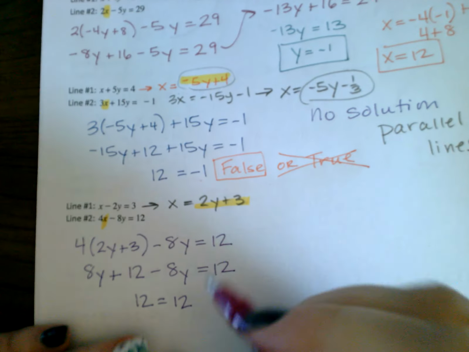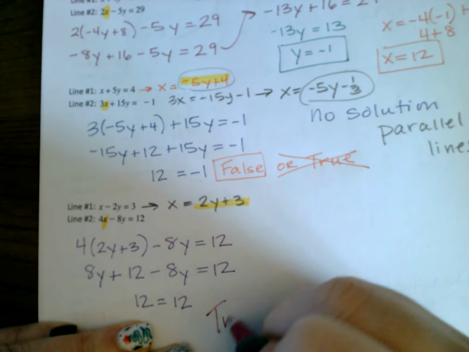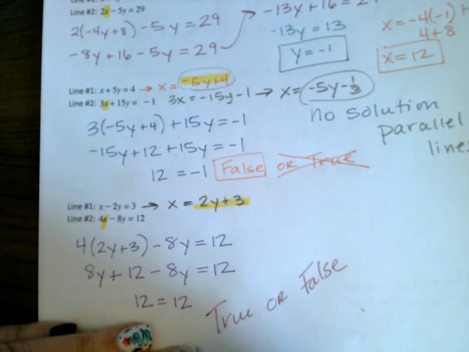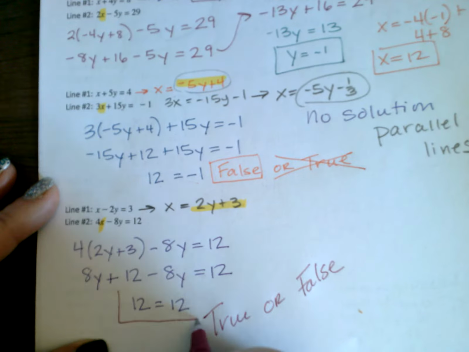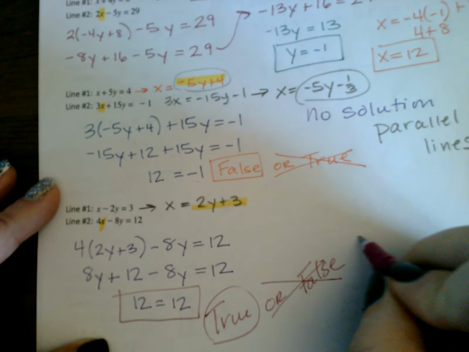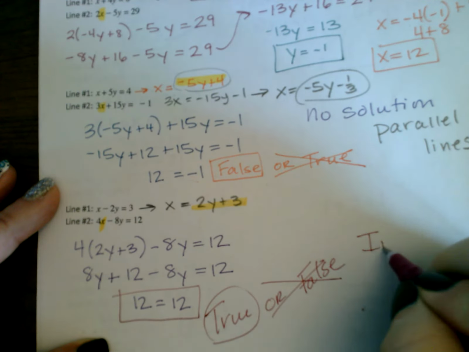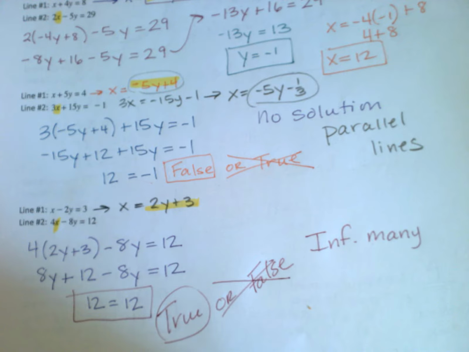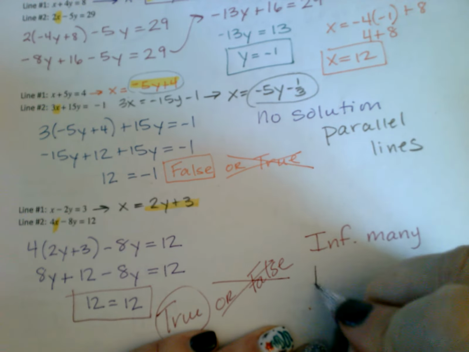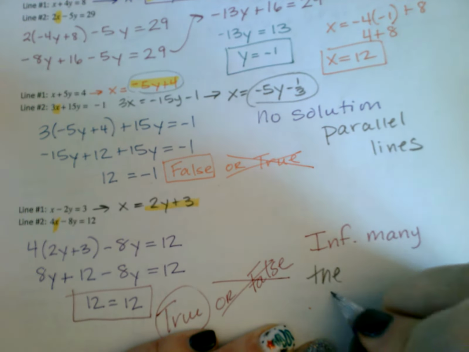Oh, now I am left with the statement 12 equals 12. Back to my question, is that going to be true or false? Well, 12 will always equal 12. Therefore, that is true, meaning we have infinitely many solutions. What kind of lines are those? These are actually the same line.